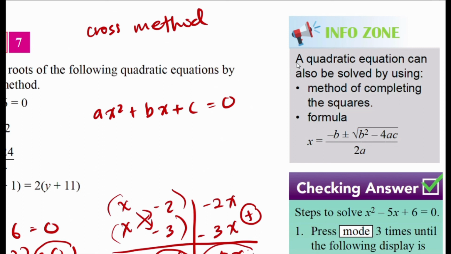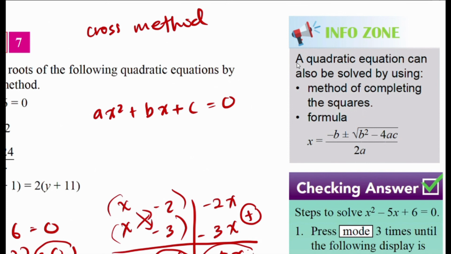Now you have learned how to find the roots of the quadratic equation by using factorization. Okay, actually there is another method, which is the method of completing the square, and also a formula. You can learn how to use these two methods in maths.